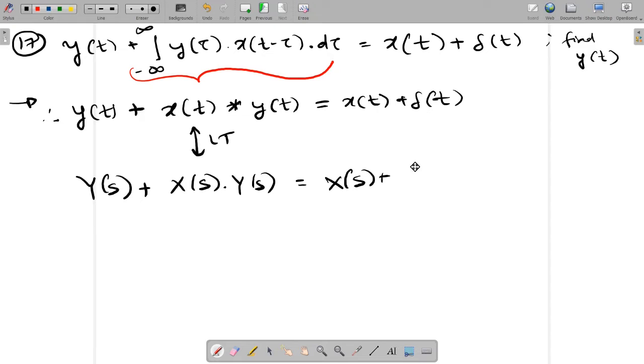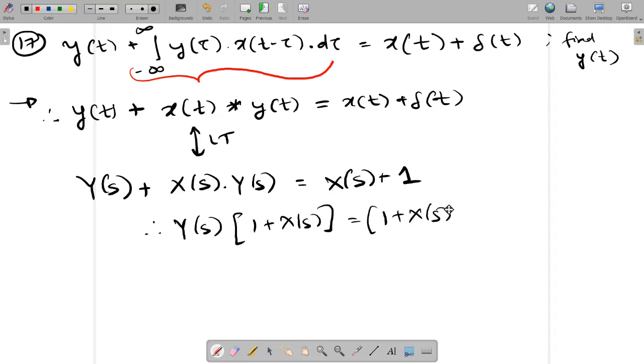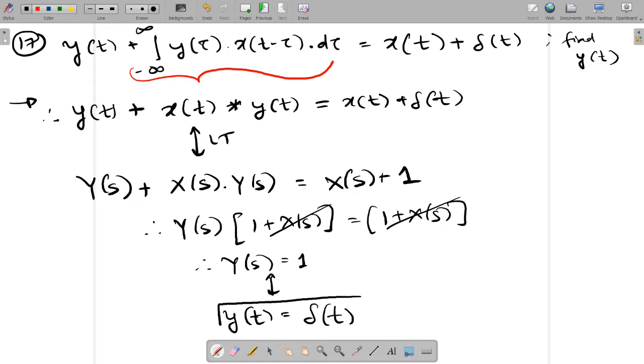What is Laplace transform of delta t? 1. So what do you have? Therefore y of s times 1 plus x of s is equal to 1 plus x of s, right? Both cut, so you have y of s is equal to 1. Yeah, so what is inverse Laplace transform of y of s? What is one inverse Laplace transform? Delta t. So your y of t is this. Cool? Yeah.